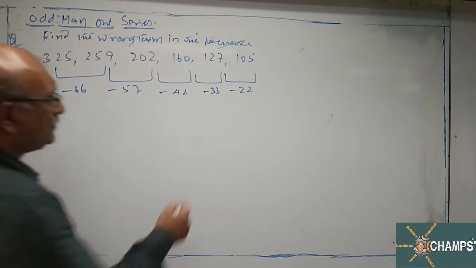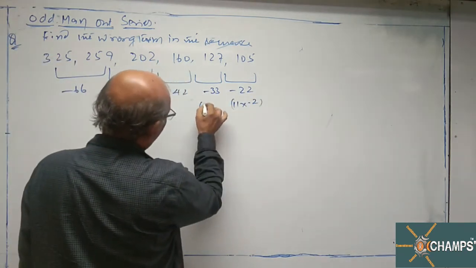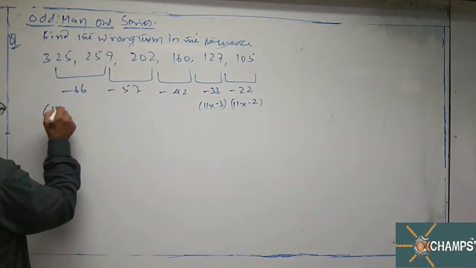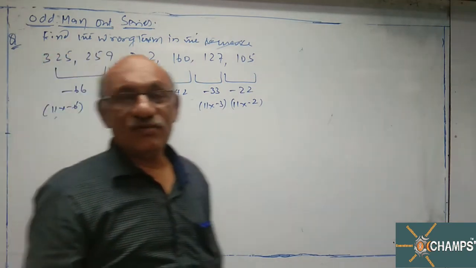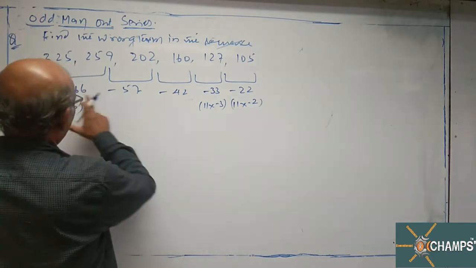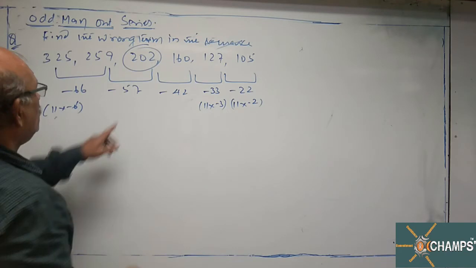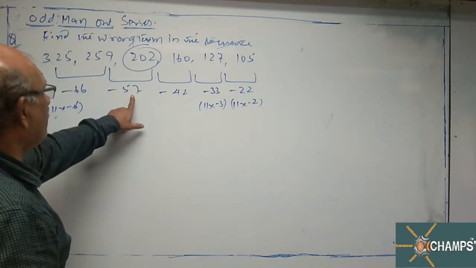Look at this, sir. This is 11 into minus 6, 11 into minus 5, 11 into minus 4. So the sequence is multiples of 11. Now where am I getting disturbance, sir? Minus 57 means here you are getting disturbance. This difference should be 55.